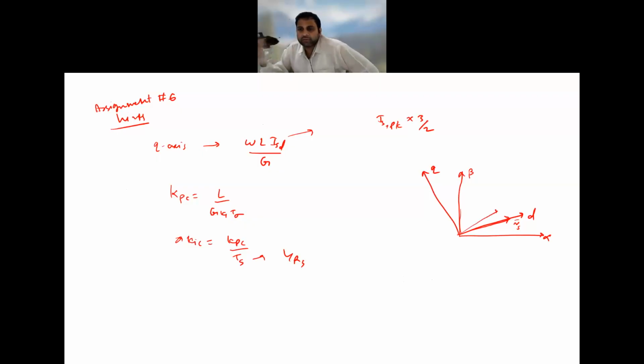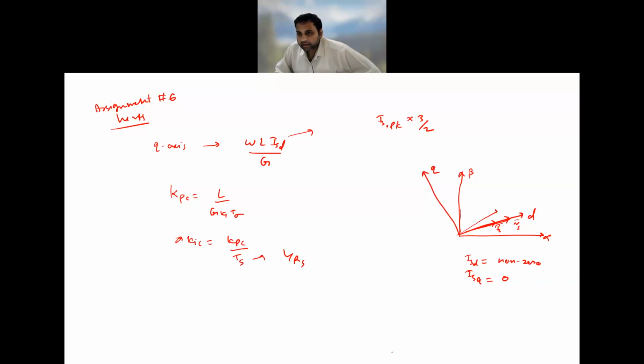In general, here we assume a straightforward unity power factor. That means my Is phasor is also along this one. What it indicates is that my ISD value is some non-zero value and my ISQ value is 0.